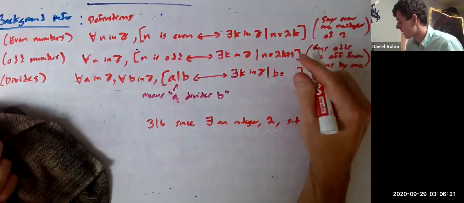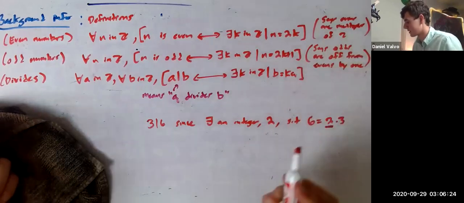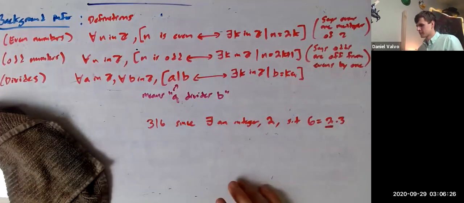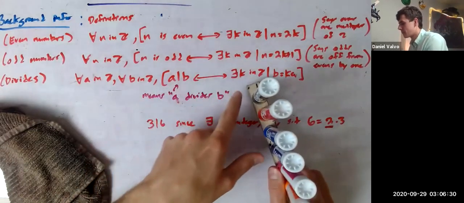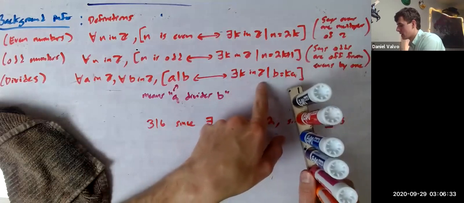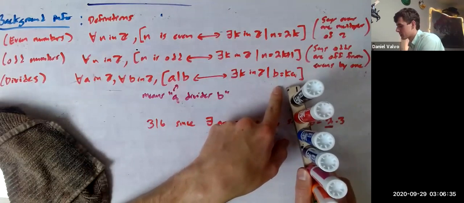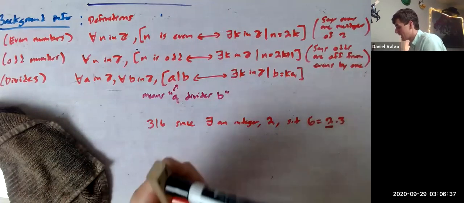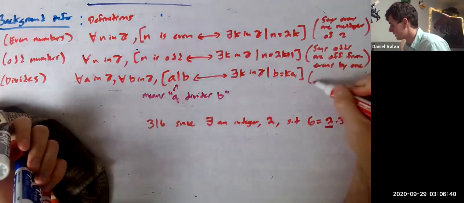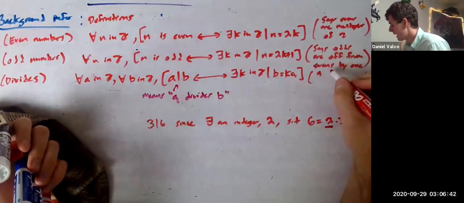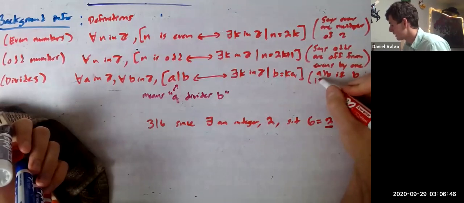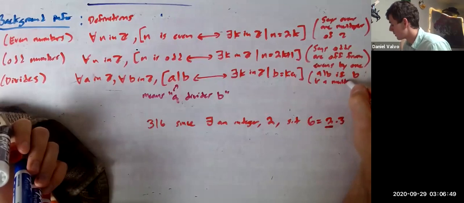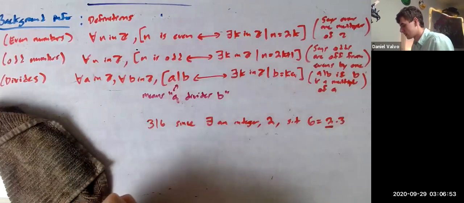Actually, I write it ka. I don't know why. Doesn't matter. So all this is saying is that a divides b if we can find an integer k such that b equals a times that integer, meaning a divides b if b is a multiple of a, right?